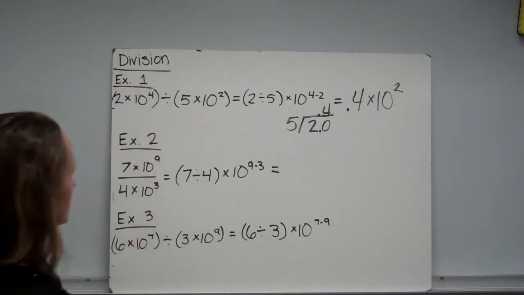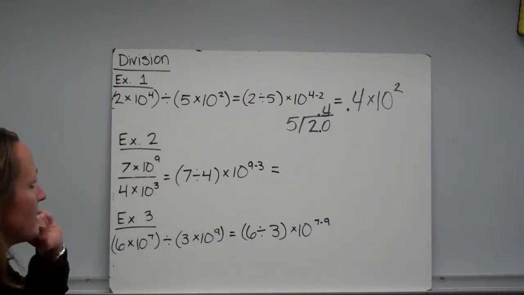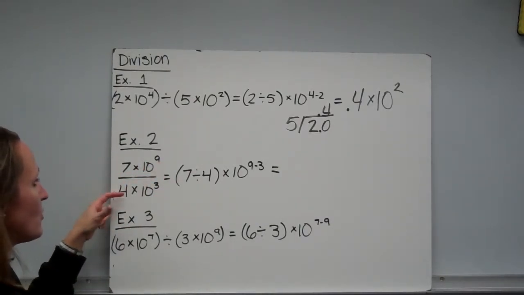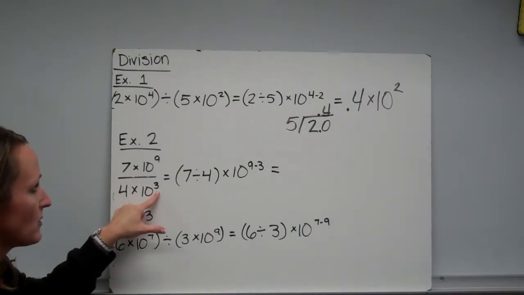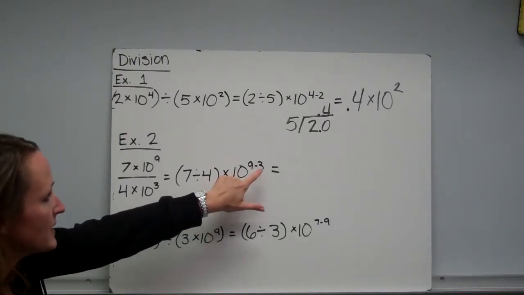Okay? Let's look at another one. This time we have 7 times 10 to the 9th power divided by 4 times 10 to the 3rd power, or 7 divided by 4 times 10 to the 9 minus 3.